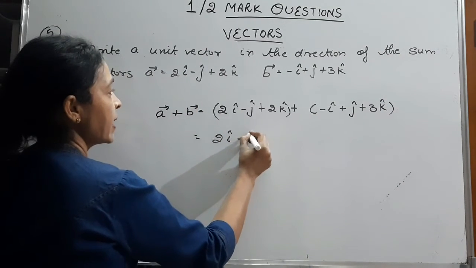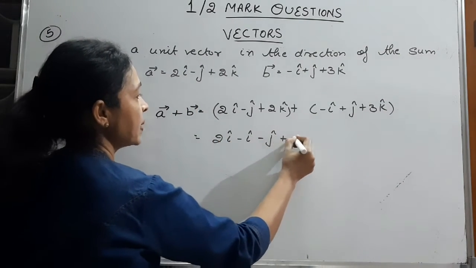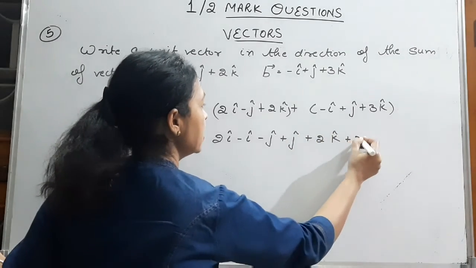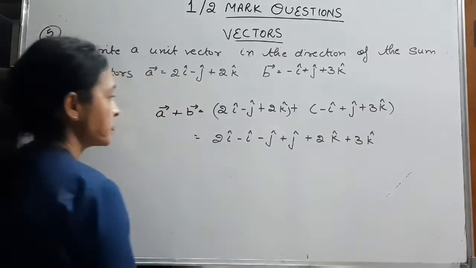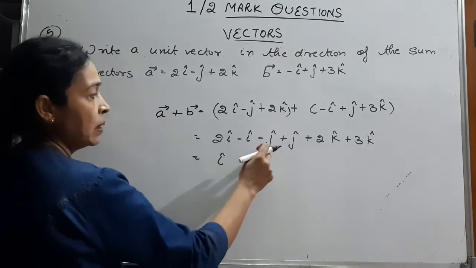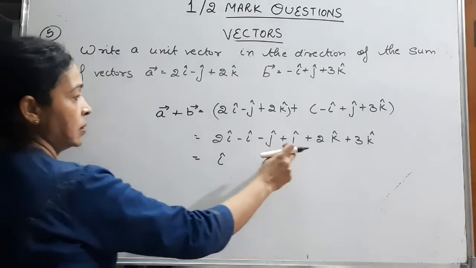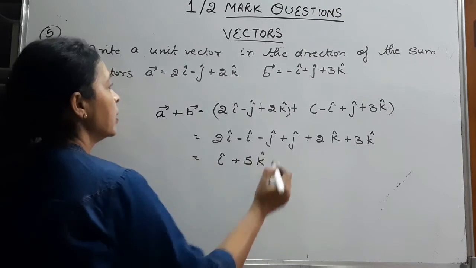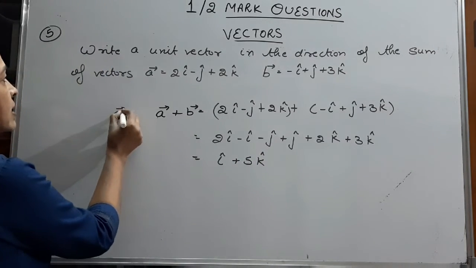That is 2i cap minus i cap, minus j cap plus j cap, plus 2k cap plus 3k cap. We have i cap, minus j cap plus j cap is cancelled, plus 5k cap. Now this is vector C.